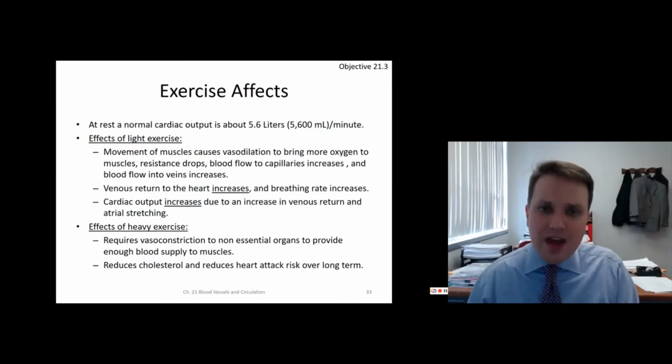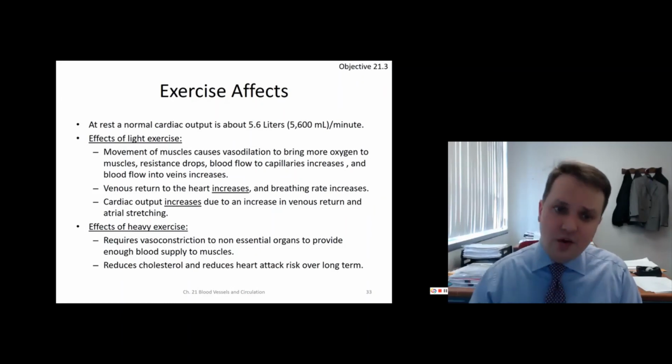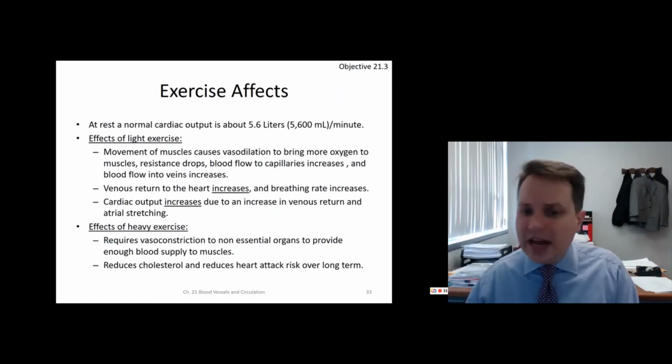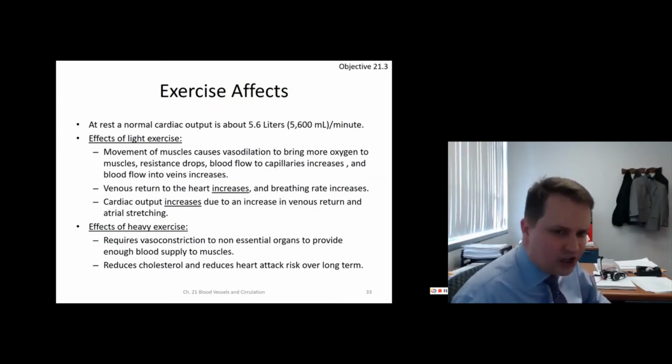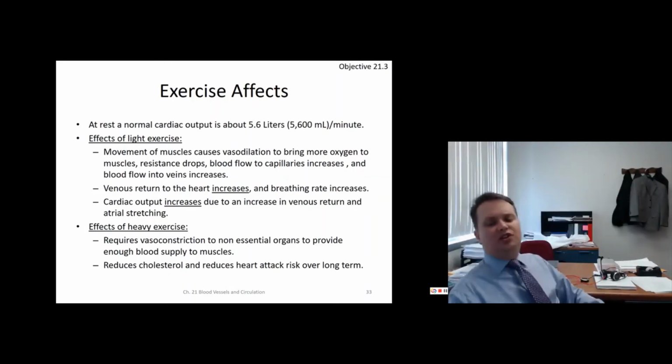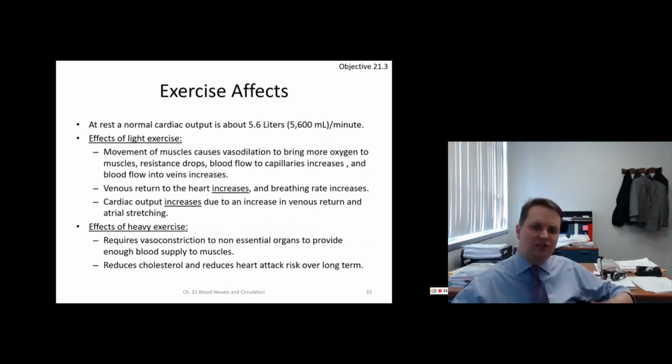Okay, now like I said, around 5,600 milliliters a minute, 5.6 liters, is a normal cardiac output. When you lightly exercise, we want more vasodilation to the muscles to get more oxygen, so the muscles can make more ATP to meet muscle contraction. So resistance drops, blood flow through those capillaries goes up, blood flow in veins goes up, and blood flow to the right atrium goes up.